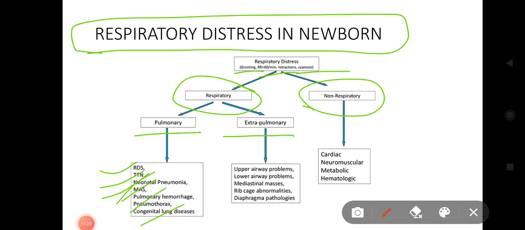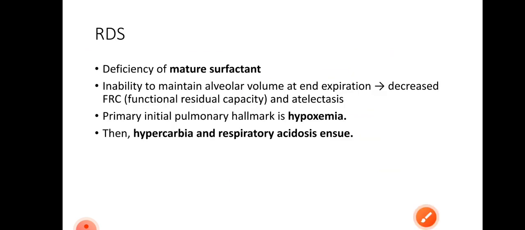So these are all the pulmonary causes of respiratory distress in newborn. Extrapulmonary: upper airway problems, lower airway problems, mediastinal mass, ribcage abnormalities, or diaphragmatic pathologies. Now non-respiratory causes: cardiac causes like congenital heart disease, neuromuscular, metabolic, or hematological causes can be the cause of respiratory distress in newborn.